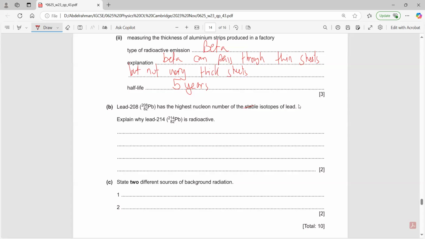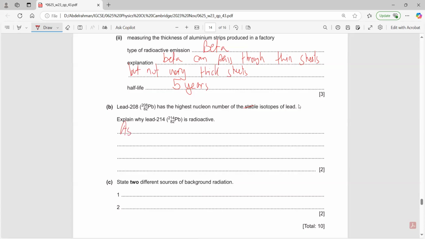The thing is, when you increase the number of neutrons, the atom wants to decrease the number of neutrons. It becomes unstable.